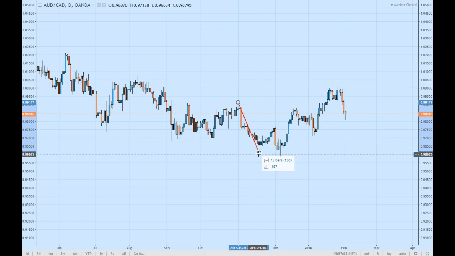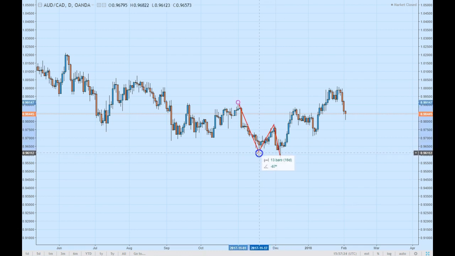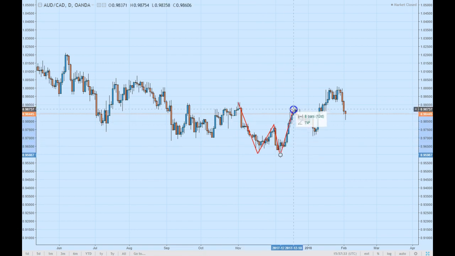Drag the next leg, which is from bottom up to the top of the high. Next leg is from the high down to the next wick. As you can see, you don't have to be concerned about entering at this retest or so on. You just need this structured setup, a W, and then we have this one, right? So that's a double bottom formation.